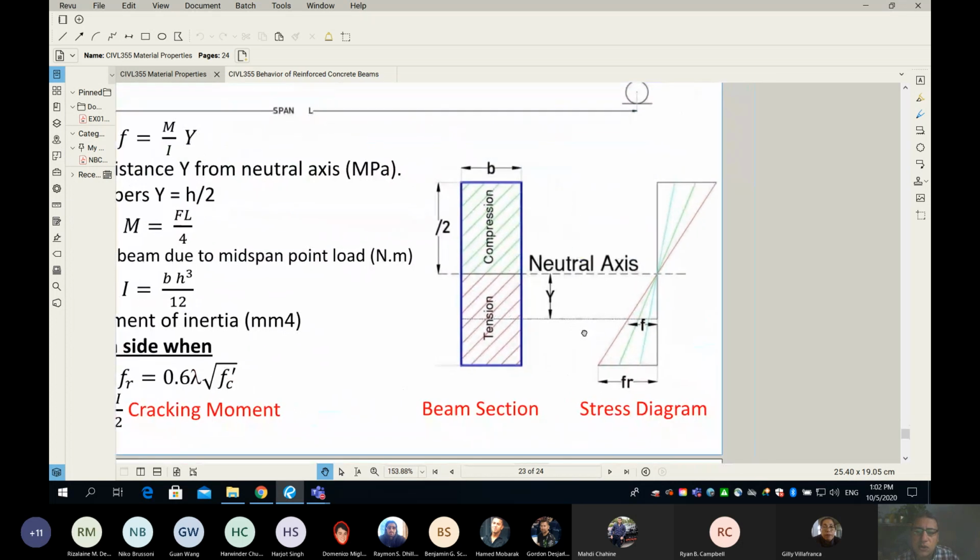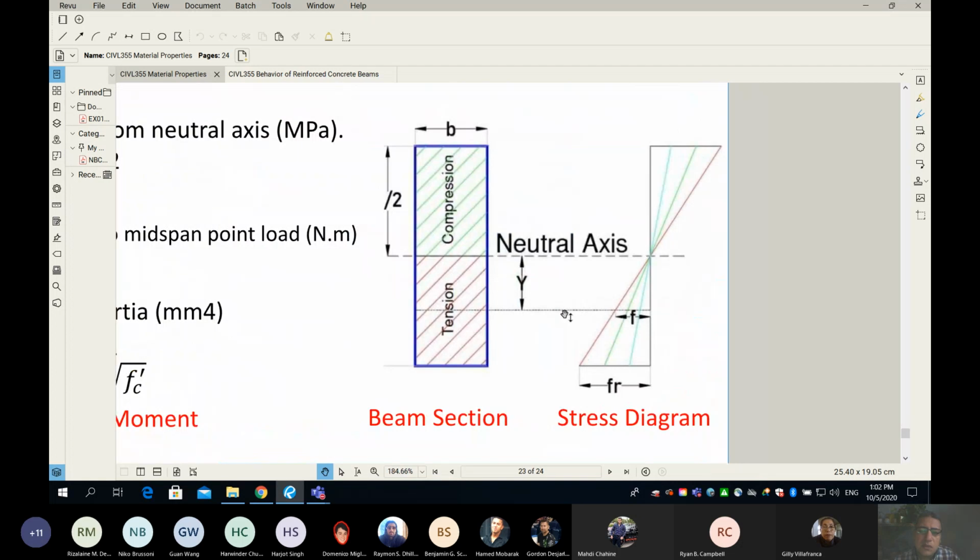Also, we said that if the beam is affected by a bending moment, anything above the neutral axis will be in compression, and anything below the neutral axis will be in tension. And the stress distribution, or the stress diagram, is what you see on the right side. This is the stress diagram, and this is the beam section over there.